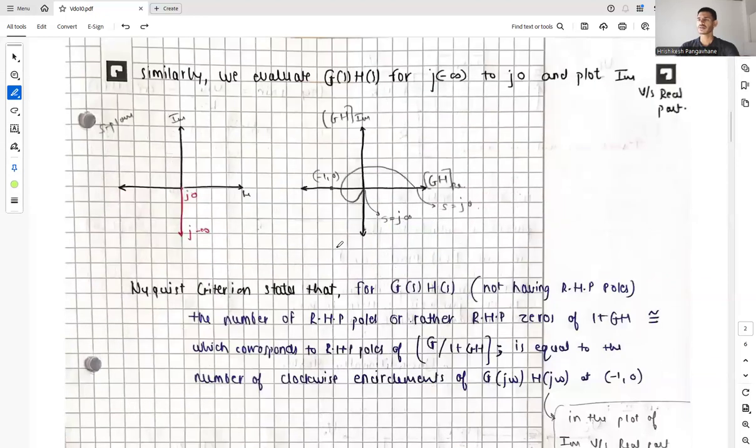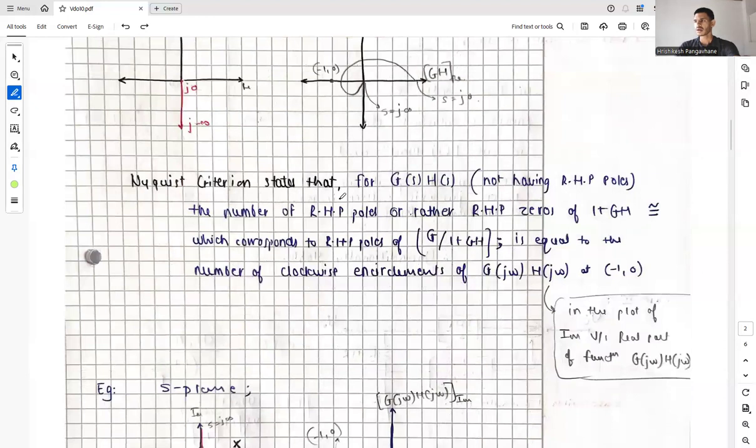So the Nyquist criterion simply states that, for G(s)H(s) not having right-hand poles, which is already pre-considered and taken care of, in a complete negative feedback system, the number of right-hand plane zeros of the function 1 plus GH, which corresponds to right-hand plane poles of the total negative feedback amplifier function G by 1 plus GH, is equal to the number of clockwise encirclements of G(jω)H(jω) around the point -1, 0.